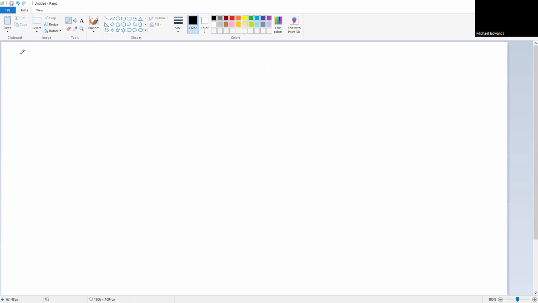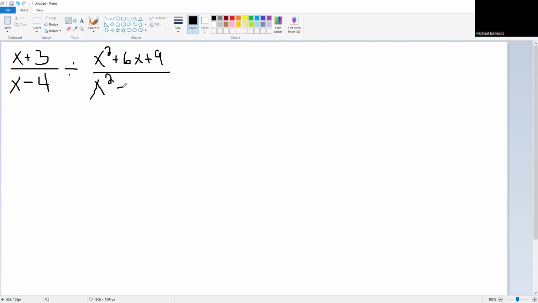The next one is x plus 3 over x minus 4, divided by, you'll like this one, x squared plus 6x plus 9 over x squared minus 2x minus 8.